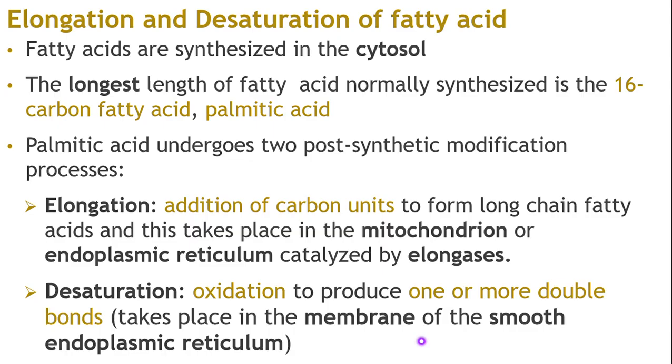Elongation is just the addition of carbon units in order to increase the chain, and it usually takes place in the mitochondria or the endoplasmic reticulum, catalyzed by the elongases. The elongases are enzymes. Now I'm talking about desaturation. Desaturation is just the oxidation to produce one or more double bonds.